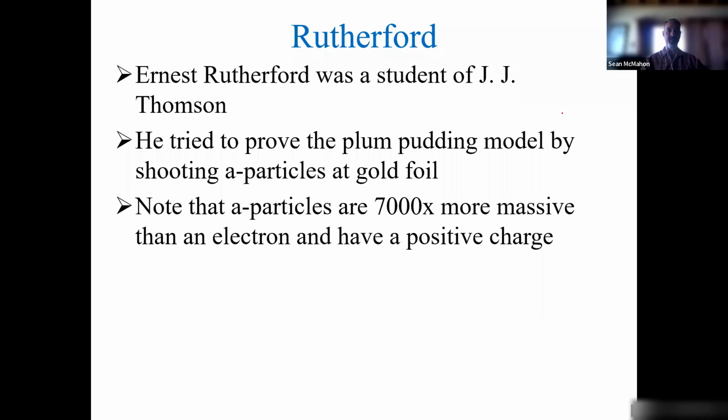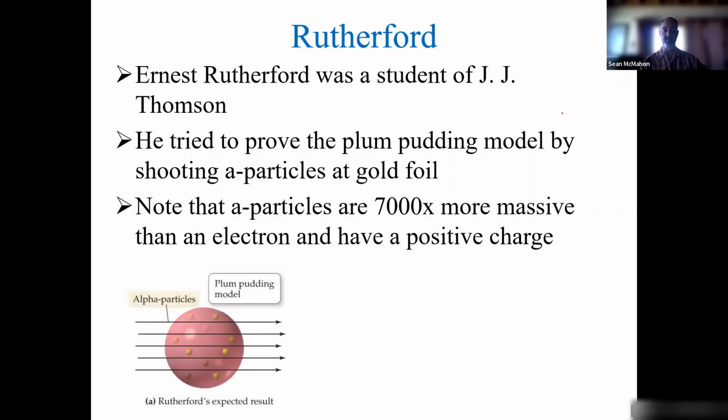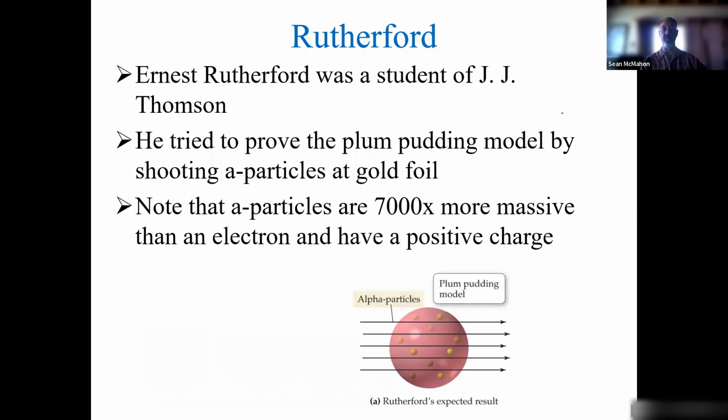The alpha particles are about 7,000 times more massive than an electron, okay? And they have a positive charge, but they're much smaller than the gold foil. So he believed that they'd just be able to go through and not be obstructed by these smaller electrons when the alpha particles were shot through.